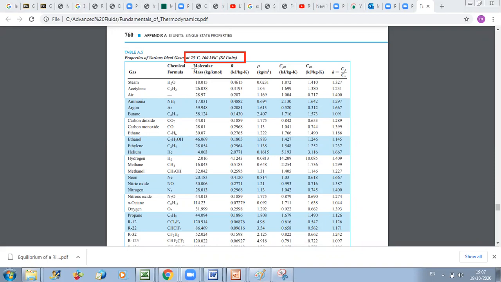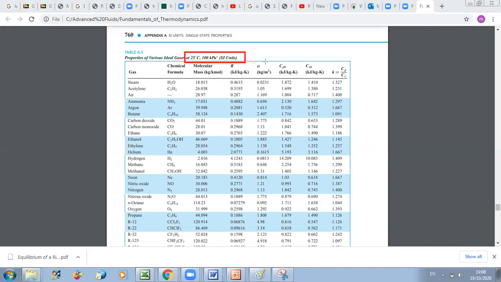Here you can see that for several gases, at nearly atmospheric conditions, you can find the ideal gas value R. You know that for an ideal gas, PV equals m R T. You can find in this table the value of R for different gases, the density, the specific heat at constant pressure, and the specific heat at constant volume.